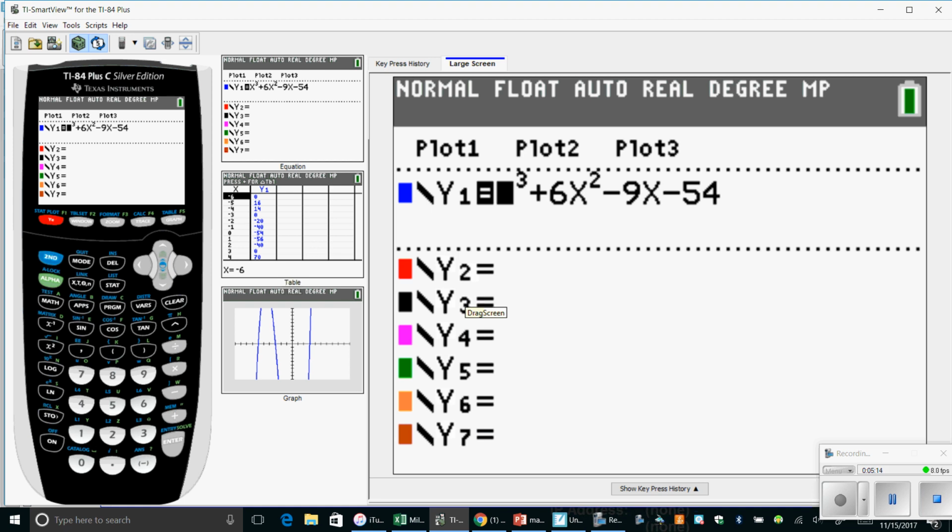18 is x to the third minus 8x squared plus 11x plus 20. All right, graph that, 20, not 2.